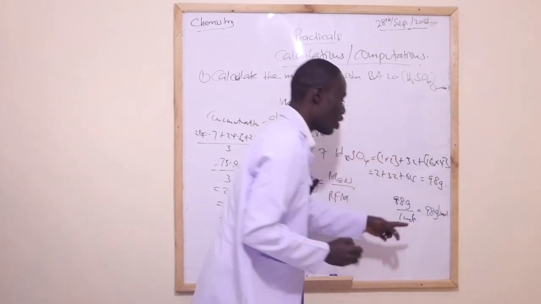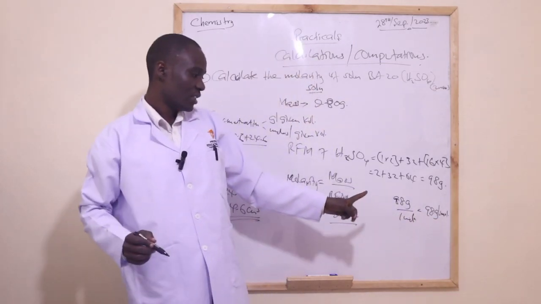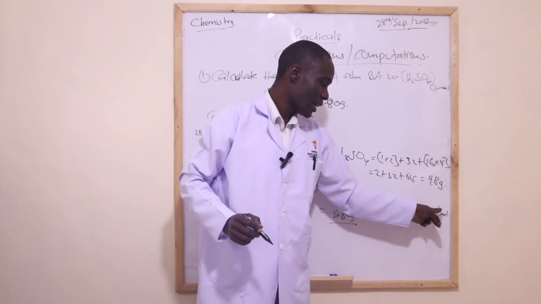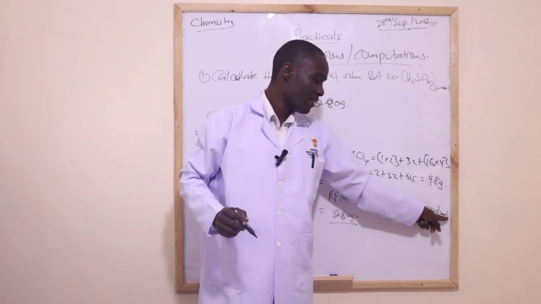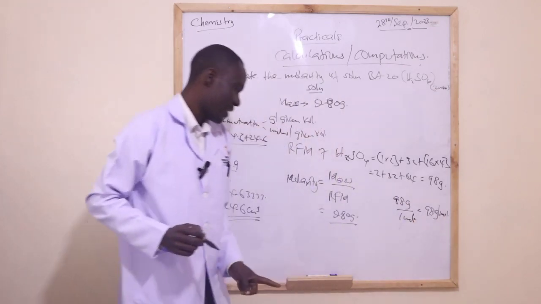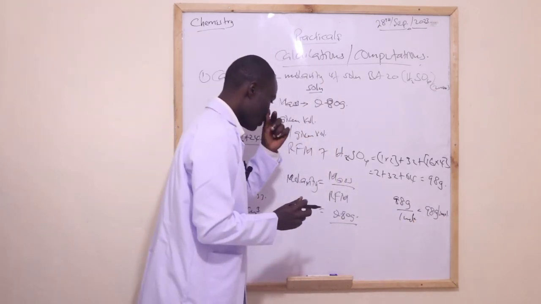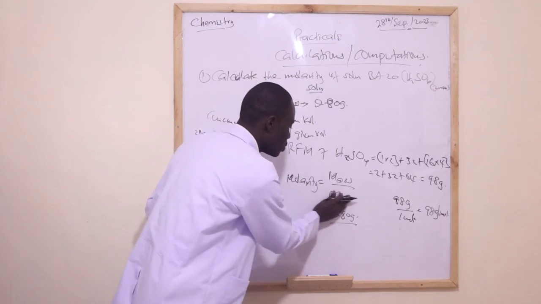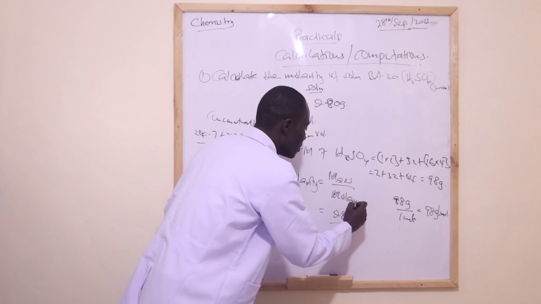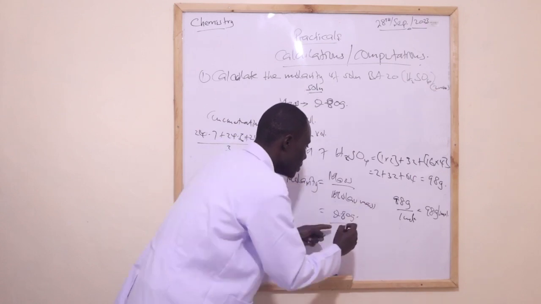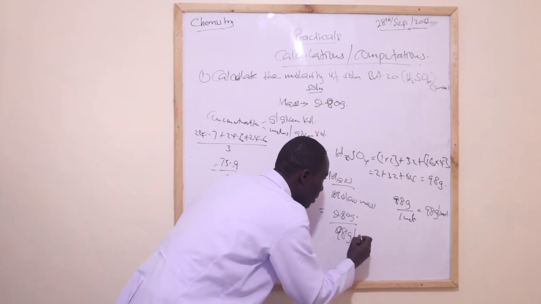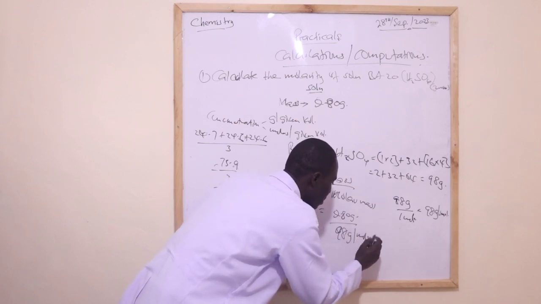The unit of molar mass is grams per mol. You should not include the letter E at the end there. So therefore, what we should be dividing by is the molar mass, which is 98 grams per mole.